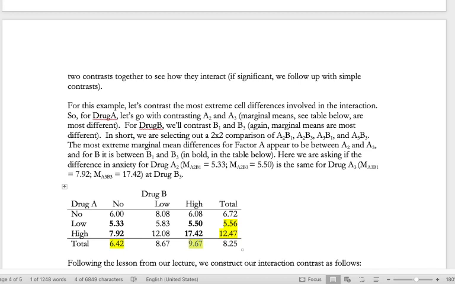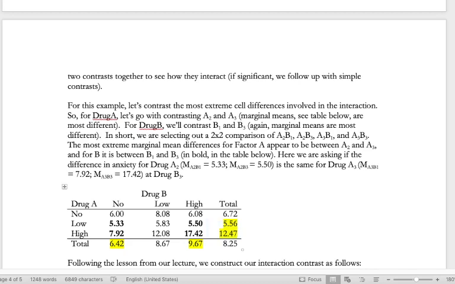So all we did here was look at a table that had the marginal means, which is the means collapsing across conditions for the other variables. We looked at the marginal means, and we chose the conditions in which the difference between the marginal means is the highest.